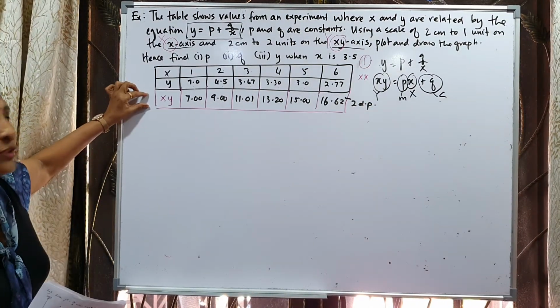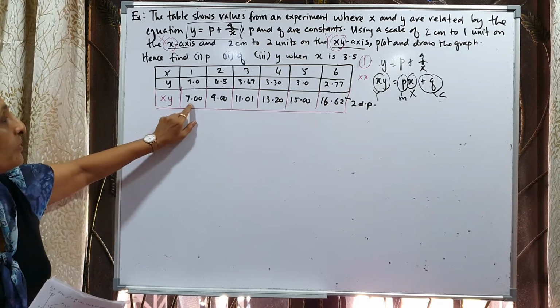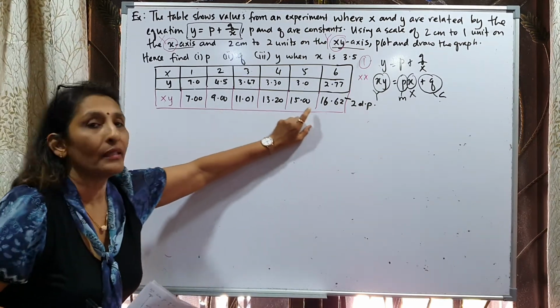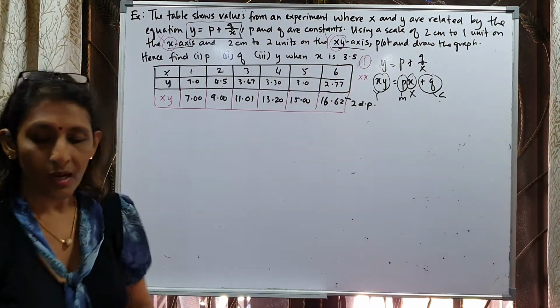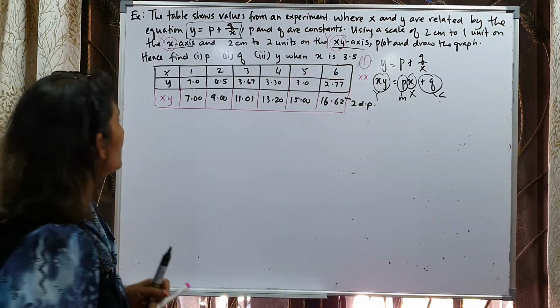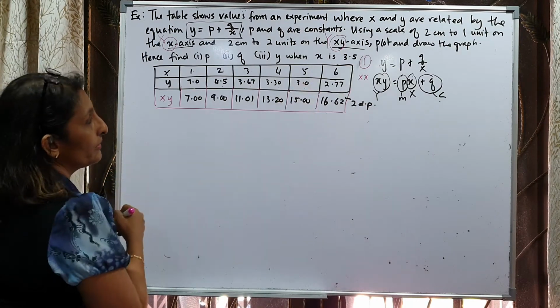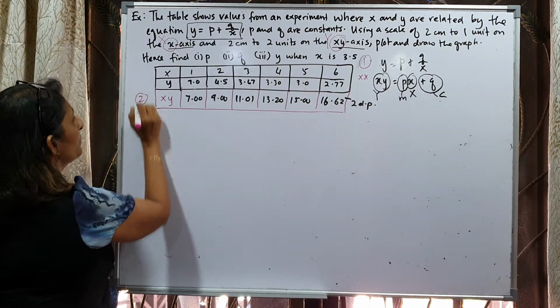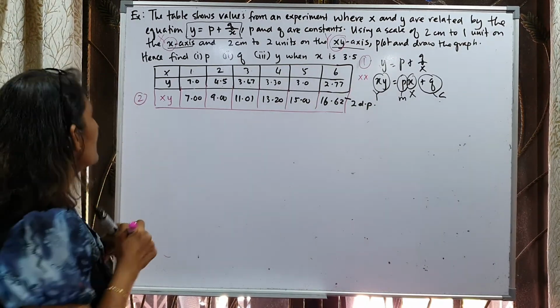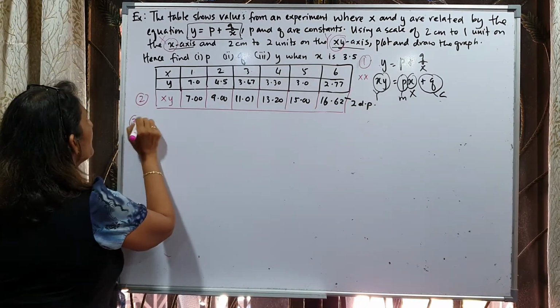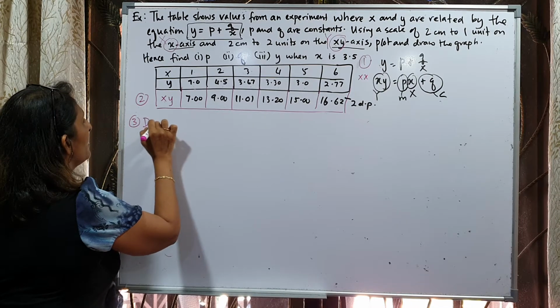You have to show this and make sure all your values are calculated to 2 decimal places. Now, step 1 was to convert non-linear to linear. Step 2 is to extend your table and show your new values. Step 3 will be to plot the graph, draw the graph.